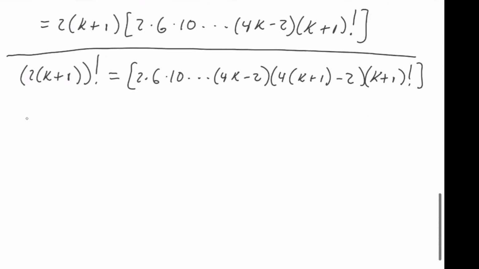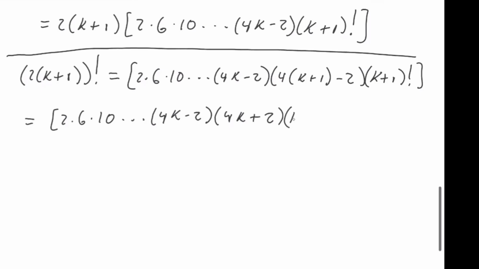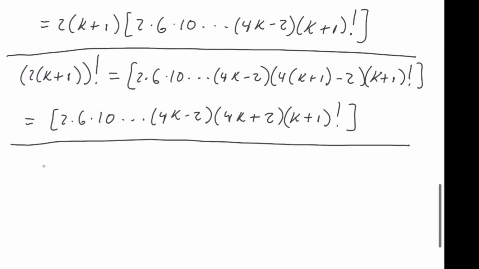Okay, so let's see, what do I have? I have 2 times 6 times 10, dot, dot, dot, 4k minus 2. This is going to be 4k plus 2, k plus 1 factorial. So look, I'm really close to what I need. I just need 4 times k plus 2 over here. So let's start it off again.